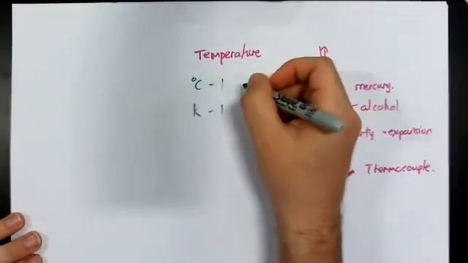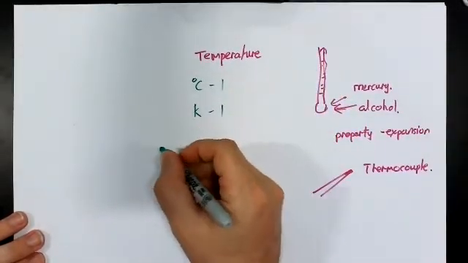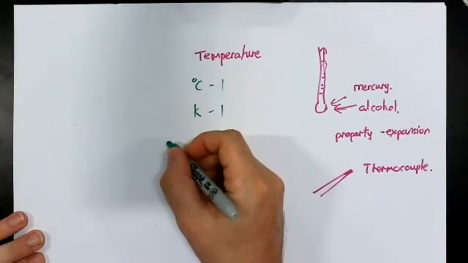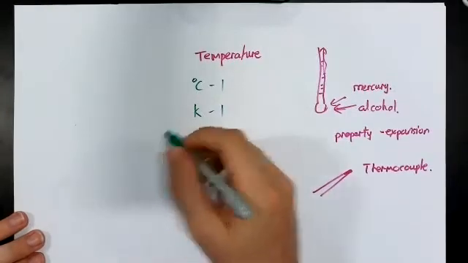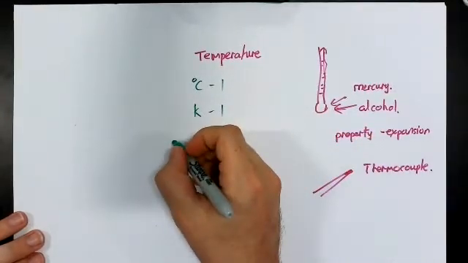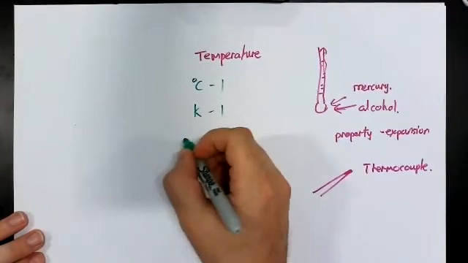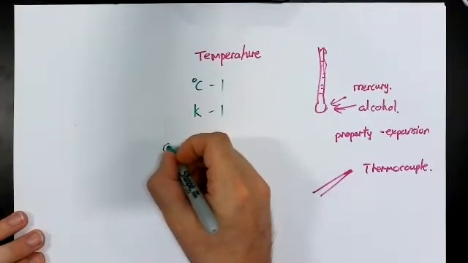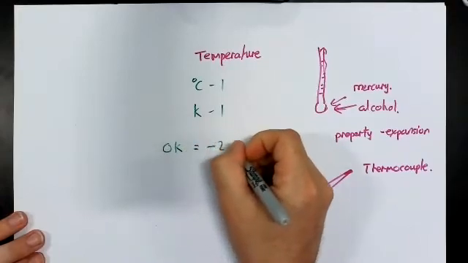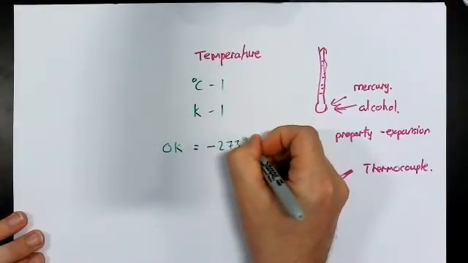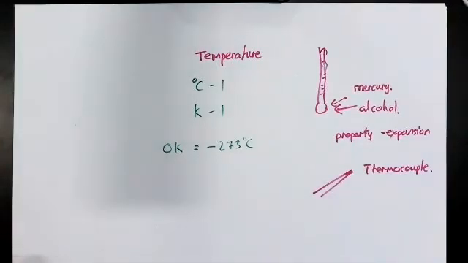But absolutely, we could give some examples of how we use the conversion between Celsius and Kelvin, which you will need to use, which is the fact that 0 Kelvin is equal to minus 273 degrees Celsius. They are the same value, or what we call thermodynamic temperature.